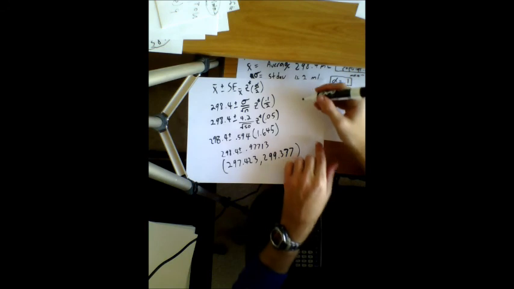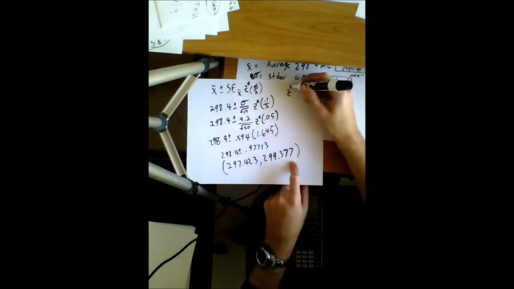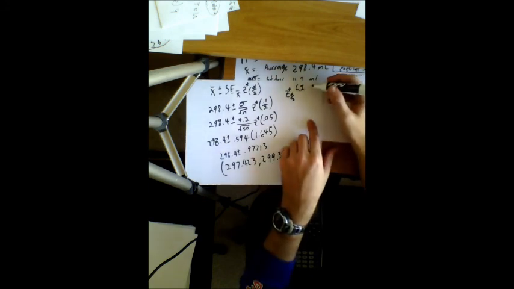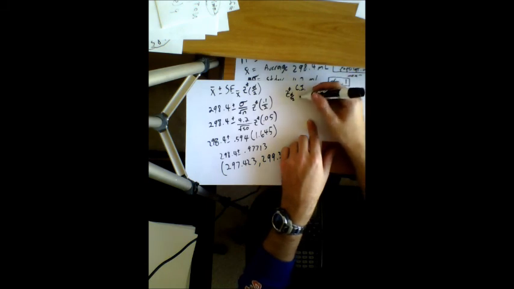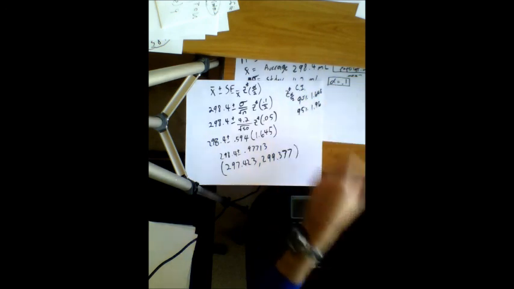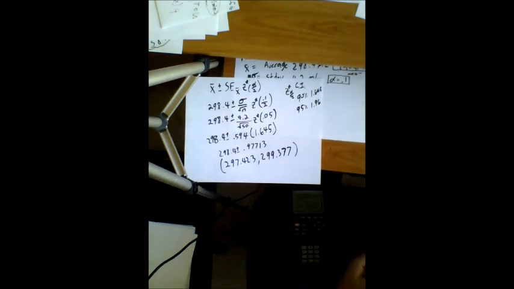And again, it might be useful to know that for Z star, if you're looking for a confidence interval, 90% is 1.645, 95% is 1.96, and actually I can't quite remember what 99% is. Let me look that up real quick for you.